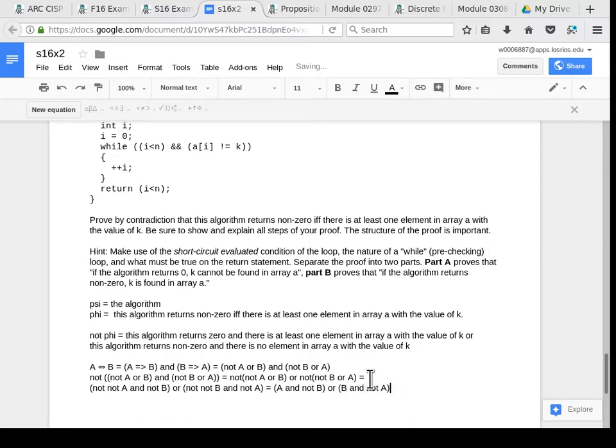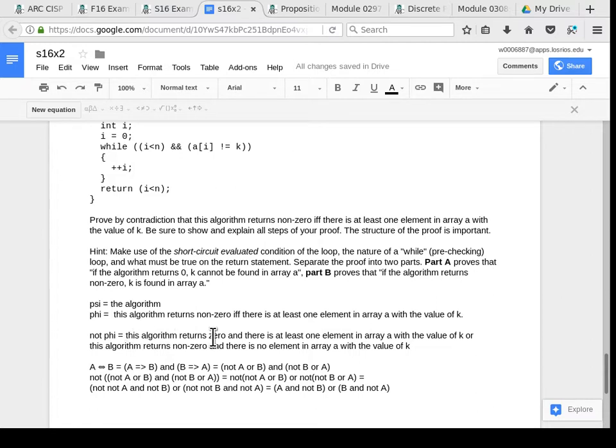And when you plug this into our theorem, which is saying this algorithm returns non-zero, which is A, if and only if the B part is there's at least one element in array A with the value of K. That is how we ended up with this particular not phi.